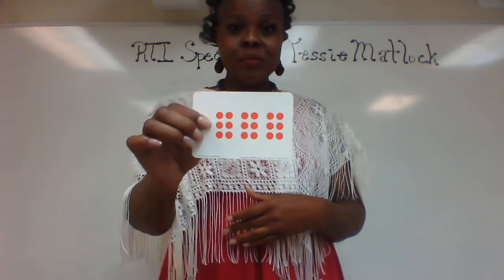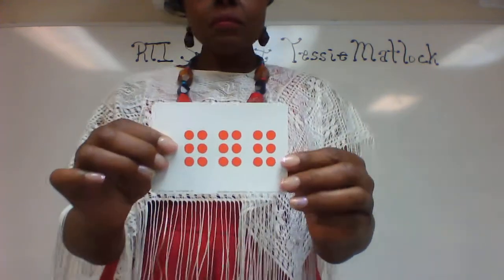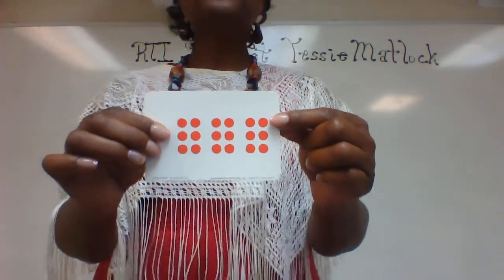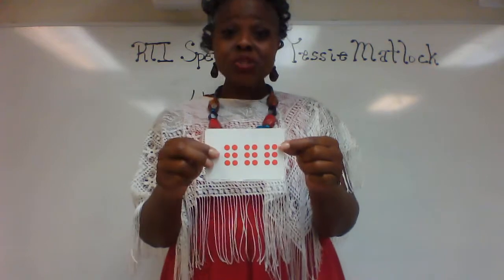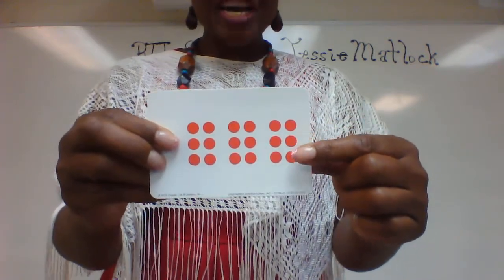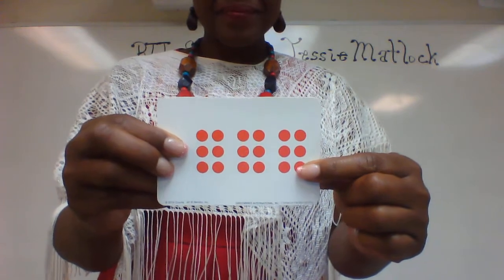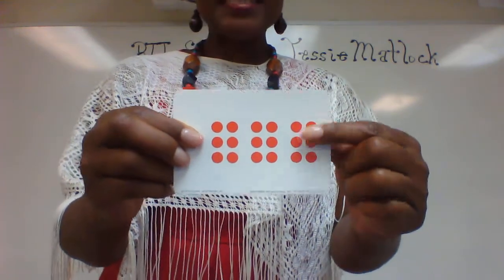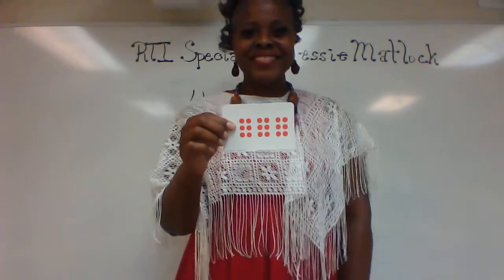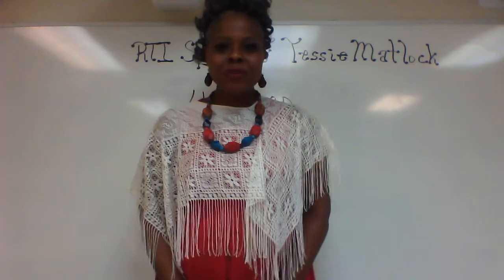And teachers, give them a moment to do this. So you can count by what? Good. You can count by 2s. Let's count by 2s. 2, 4, 6. So there are 6 in each group. And that's all I'll give you. That's our math moment for today.